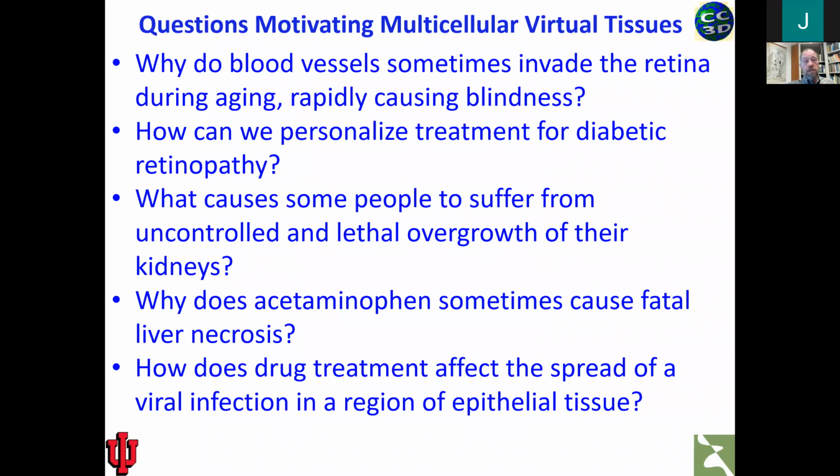So I want to now give some examples of problems that have been addressed using CompuCell. These could be anything from why blood vessels sometimes invade the retina, causing blindness, to why acetaminophen, or if you're in Europe, paracetamol, sometimes leads to liver failure.